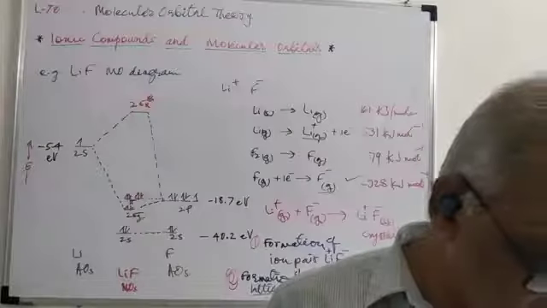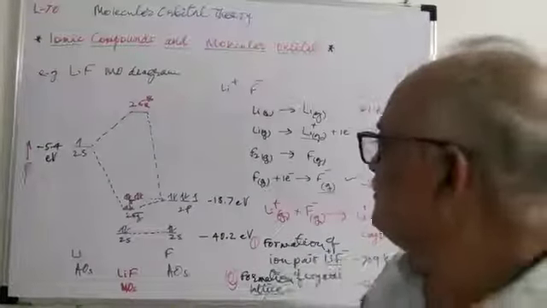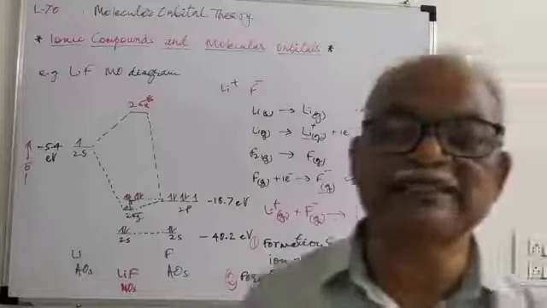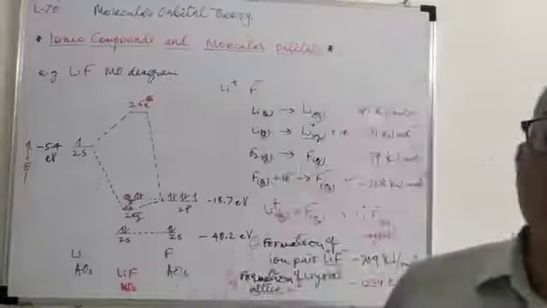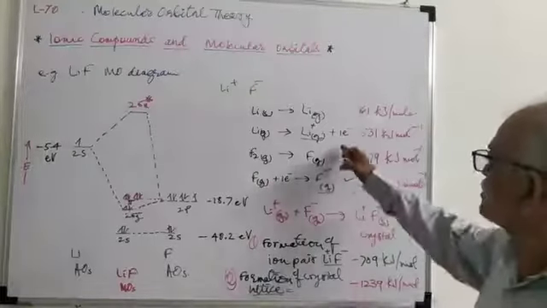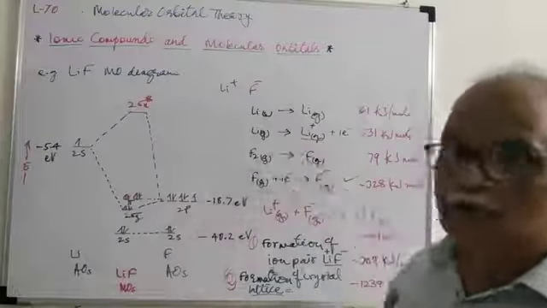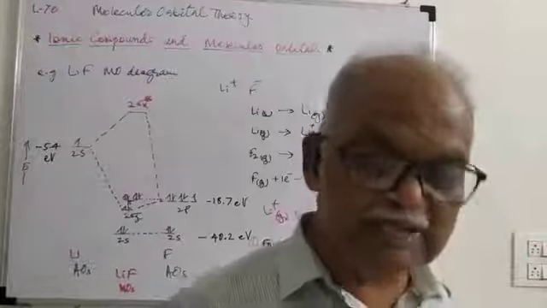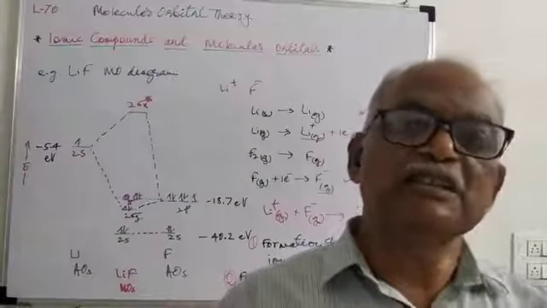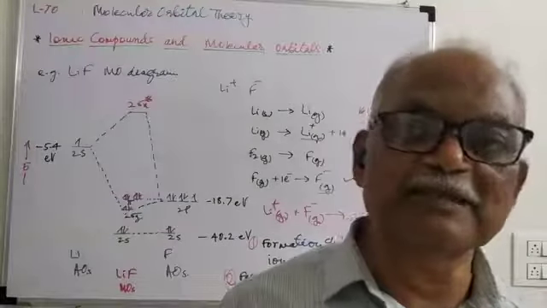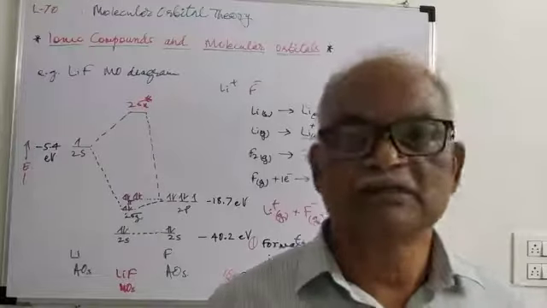Similarly, it also explains the various steps involved in the process, that is sublimation, dissociation, electron affinity value, and ionization of the lithium and fluorine. All these steps explain the various changes taking place in this process.